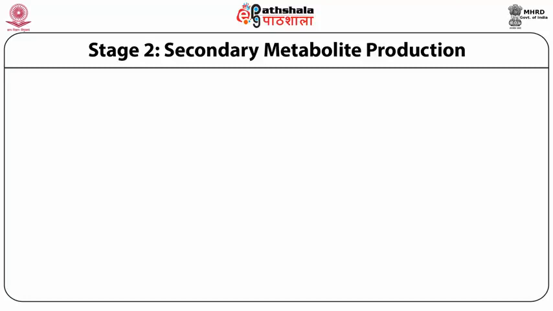We have to make it more rate limiting, or in other words, growth inhibiting. For example, we can reduce the phosphate levels of the medium, we can reduce the total nitrogen content of the medium, or we can add various adjuvants to the medium, which we will be discussing now.